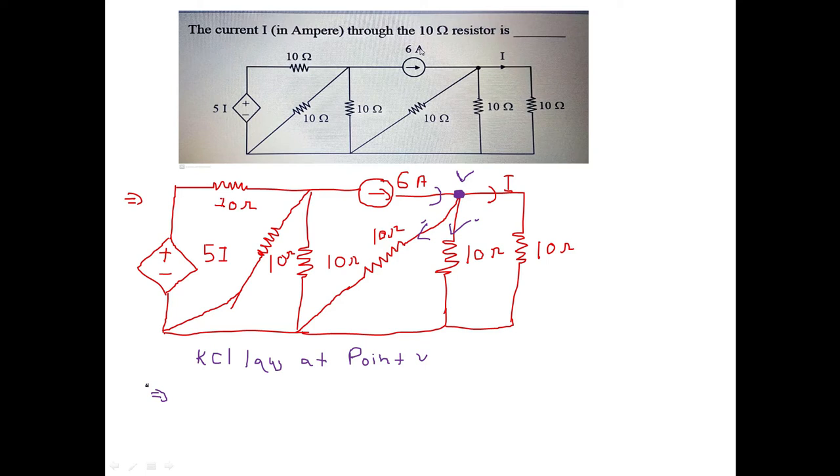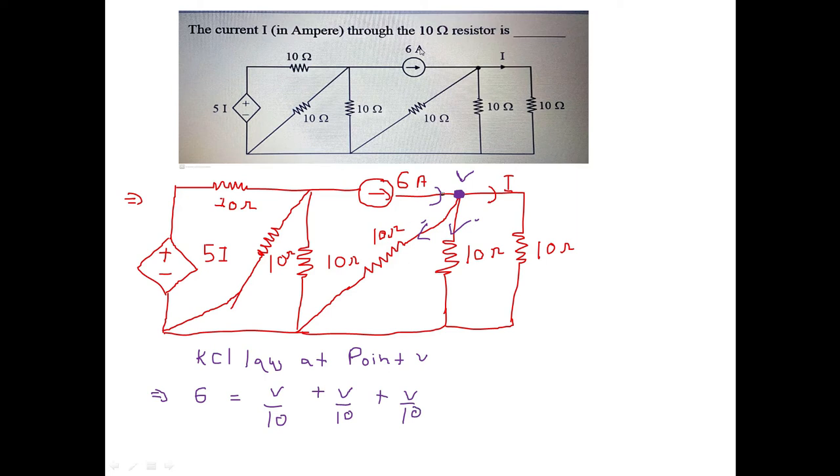So at this particular point V, the incoming current is 6 ampere and the outgoing currents are V upon 10, another V upon 10, and another V upon 10.